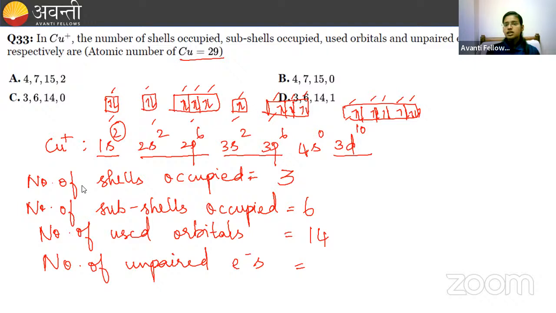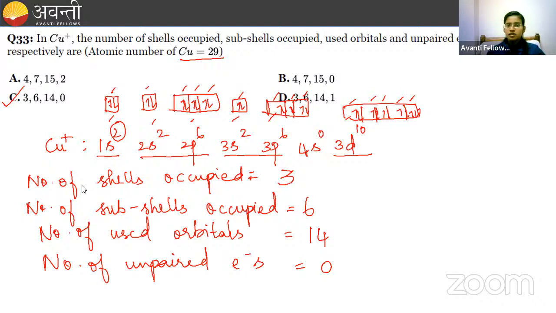So all the orbitals are fully occupied and we don't have unpaired electrons in the copper plus configuration. So the number of unpaired electrons is equal to 0. Clear? So the answer is 3, 6, 14 and 0, in which option C is the correct answer. Option C is the correct answer for this question.